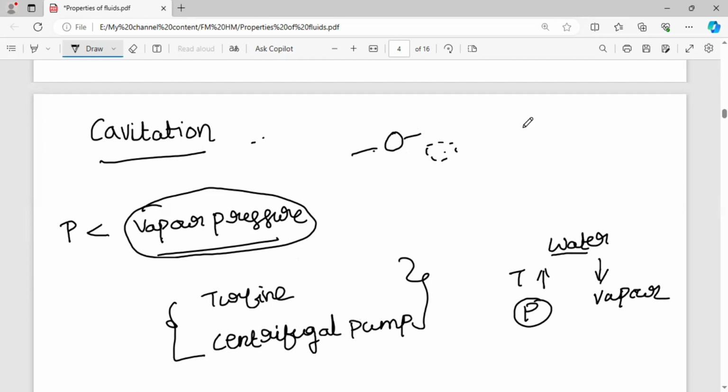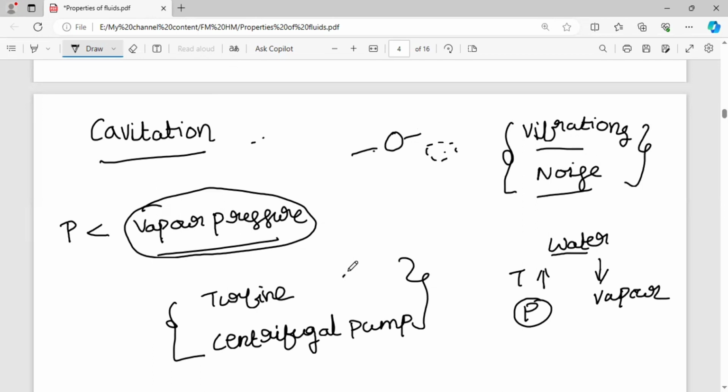Due to those forces, some vibrations will occur in the hydraulic machine, and due to the collapsing of the bubbles, some noise is also developed. So we have to avoid these two phenomena, vibrations and noise. This makes it difficult to run the hydraulic machine smoothly. So as an engineer, our target is to avoid the cavitation problem.